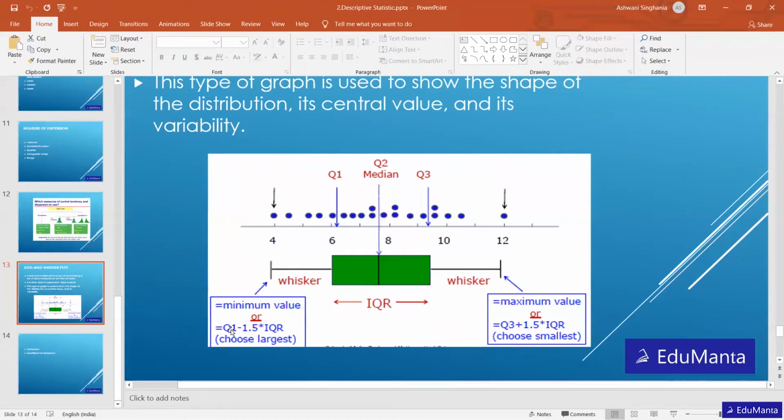Whichever is the higher of the two will be the end of this whisker.